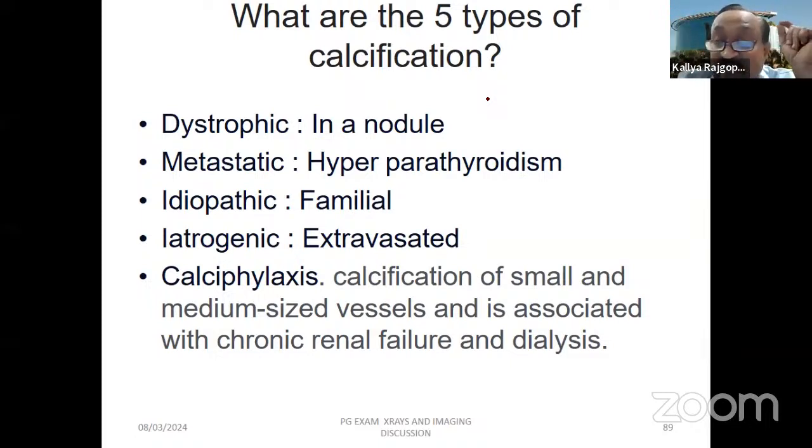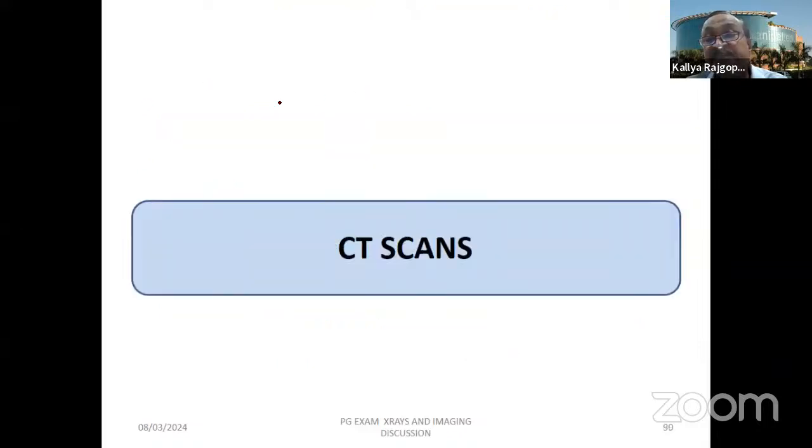Metastatic does not mean metastasis; it is the metastatic calcification everywhere. There are a lot of findings, I think you can read about that: disease of the bone, stones, etc. Idiopathic, of course, is the familial. Iatrogenic is extravasation: when you inject some dyes, severe extravasation can happen with calcium-based dyes. And the last one is calciphylaxis, which is nothing but chronic renal failure and dialysis. So these first two are the commonly asked questions.